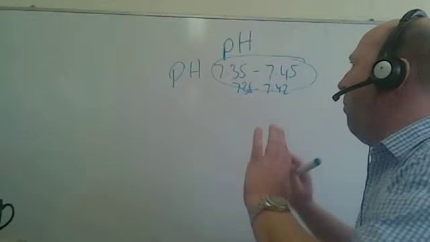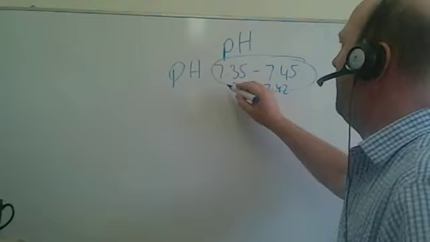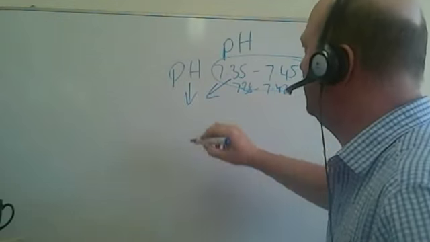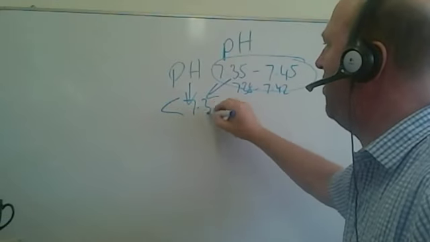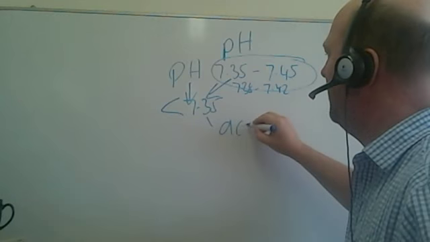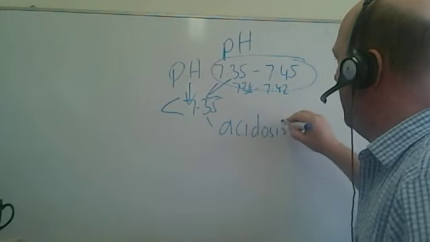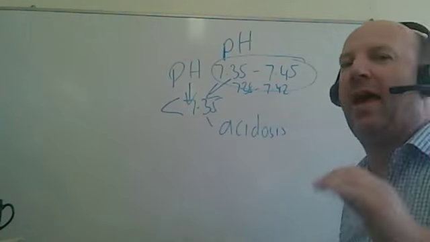So, however, if it's not within these normal parameters? If the pH is less than 7.35, then you know that you have acidosis. So look at the pH first. If it's below 7.35, acidosis.